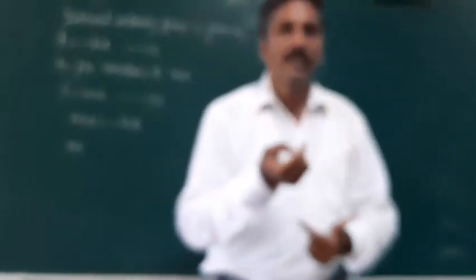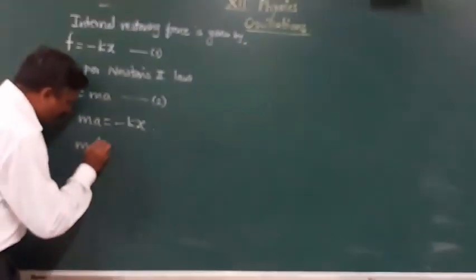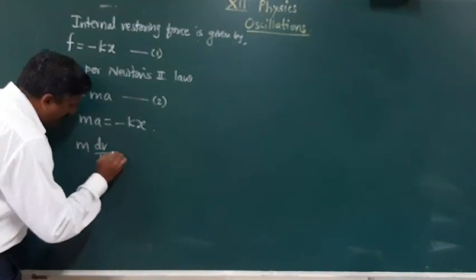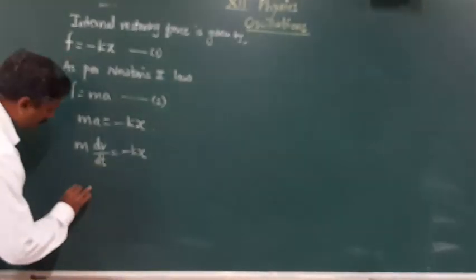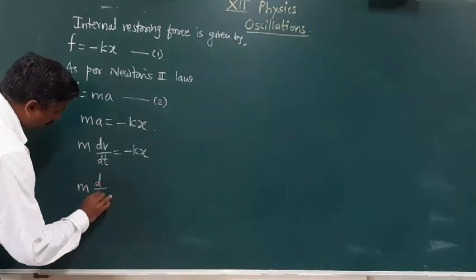The mass stays as it is. What is the acceleration? Acceleration is a very simple thing: rate of change of velocity per unit time. So instead of acceleration, I write dv by dt, and m into dv by dt equals minus kx.